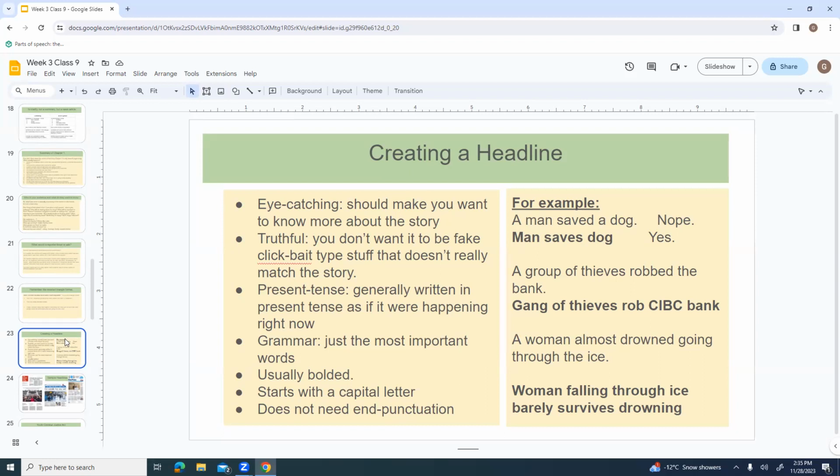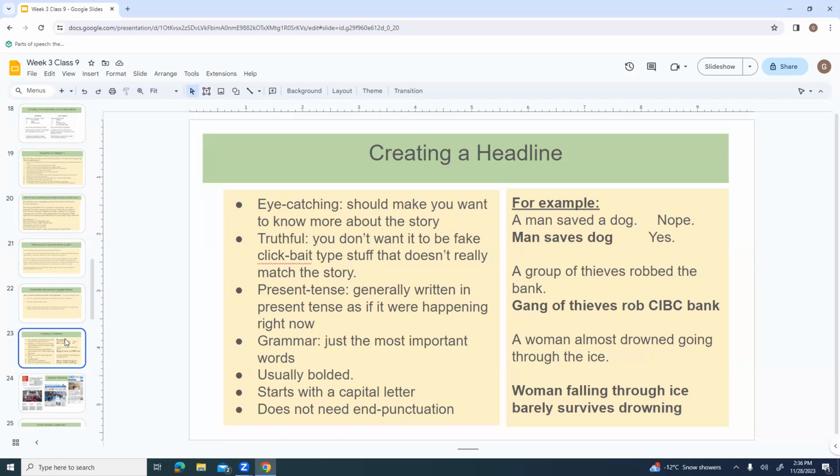It's kind of this funny, very short form kind of speech because there's usually a limit on how many characters they have room for at the top of that story. It's usually bolded. It's a little bit darker, so it catches people's attention. It generally starts with a capital letter. It does not need any kind of period or end punctuation.